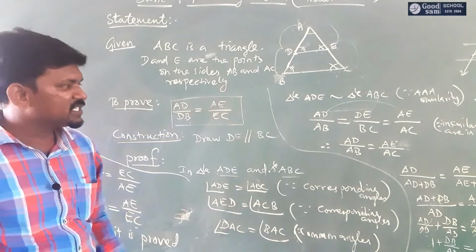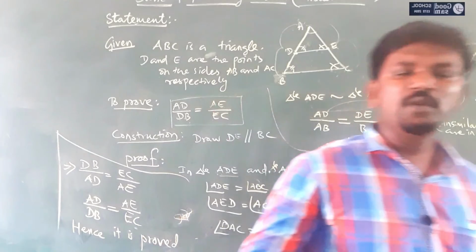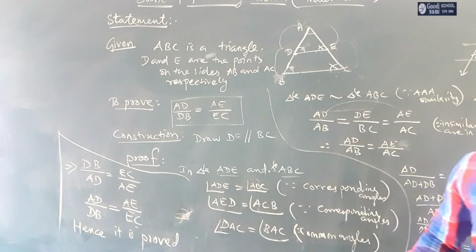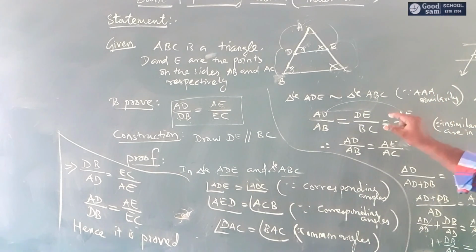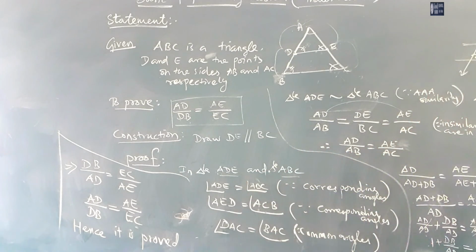Using that, we have proved this theorem. So watch this video again and again, listen and understand how each step is derived. You have to understand it clearly, then you will be able to understand the theorem easily.